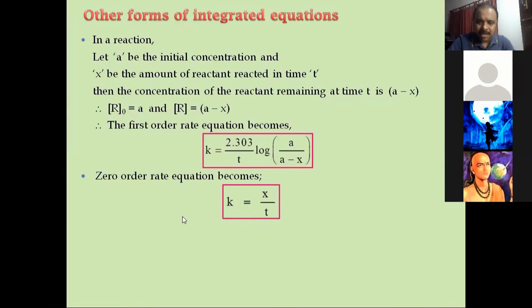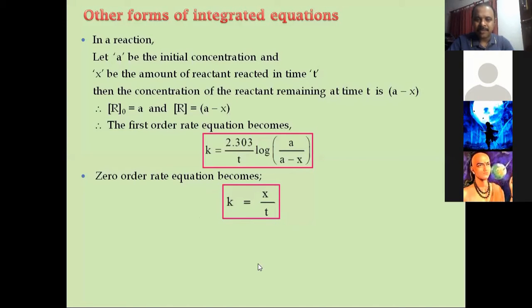R naught is the initial concentration minus R. The K equation for a zero order reaction is R naught minus R by t, correct? R naught is initial, R is remaining. Initial minus remaining gives what? How much has reacted. So in the numerator of the K expression, R naught minus R is equal to X. So the zero order rate equation can also be written as X by t.